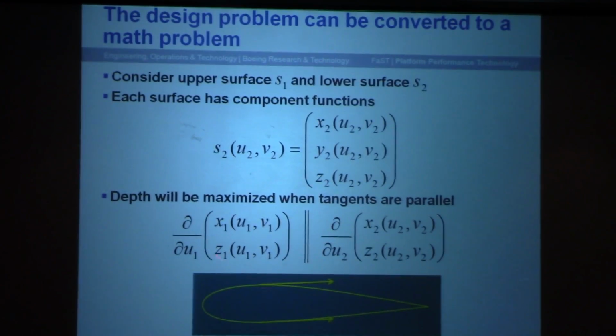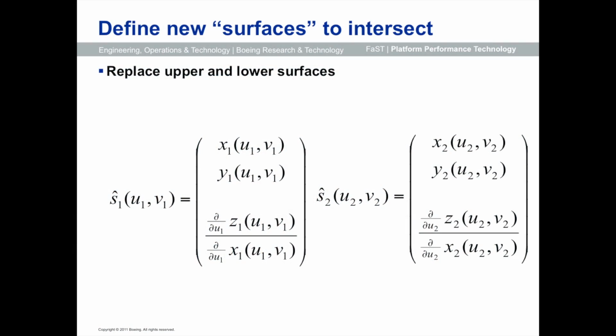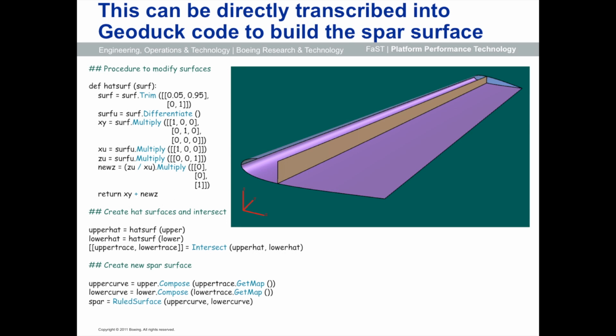So let's go ahead and replace the upper and lower surfaces with the x and y components of the original surfaces plus the slopes: the change in z over change in x, change in z over change in y. If those slopes match, I will have found the location.